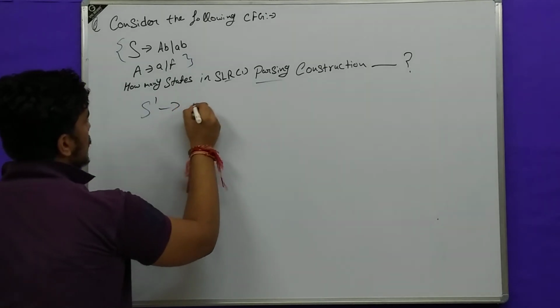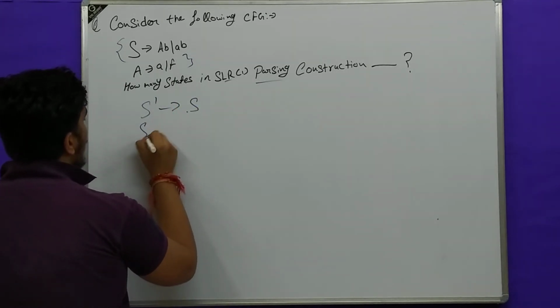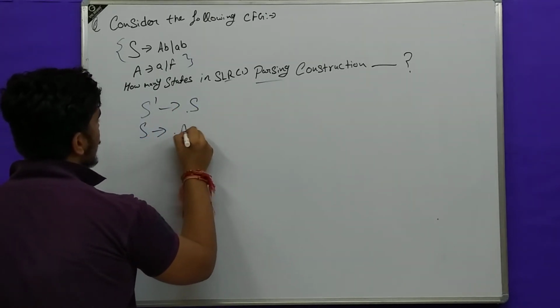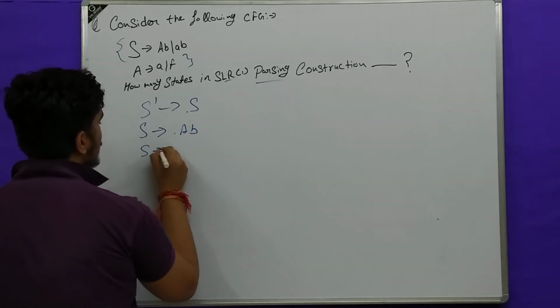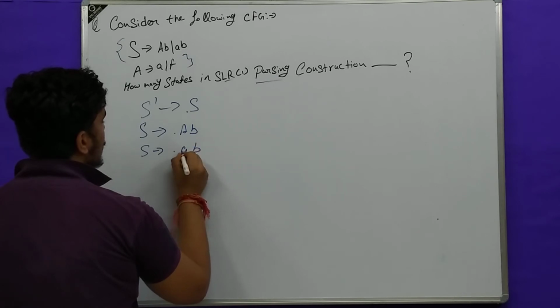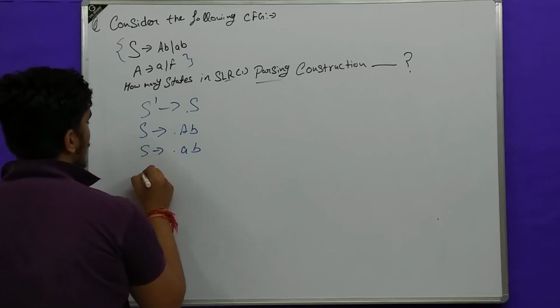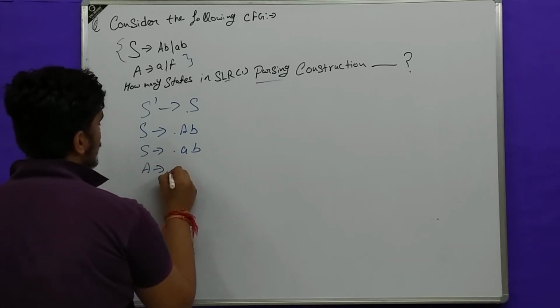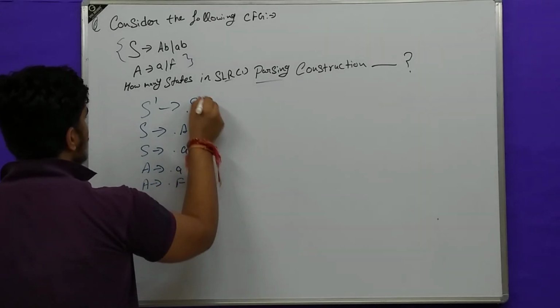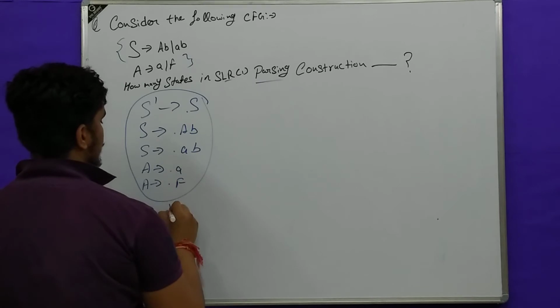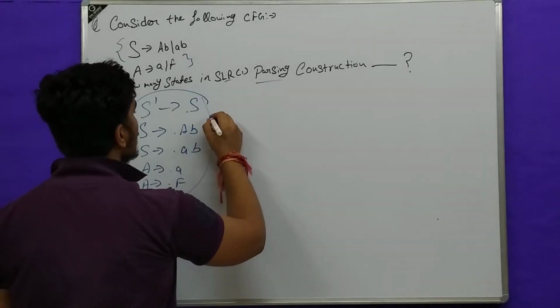S dash goes to dot S, S goes to dot A B, S goes to dot small a b, capital A goes to dot A, capital A goes to dot F. This is I0 state.